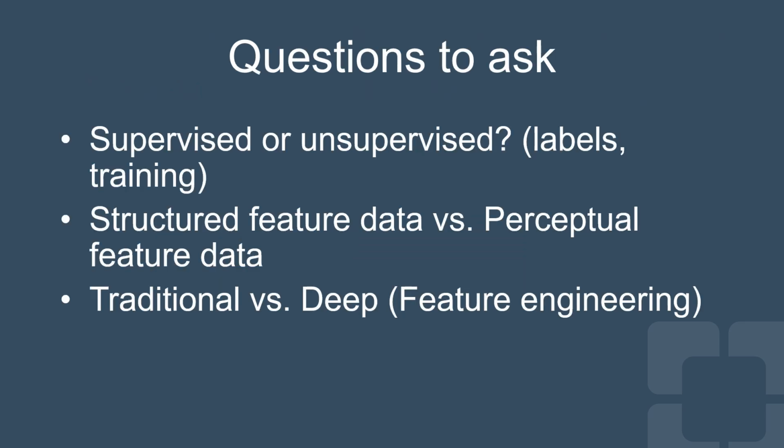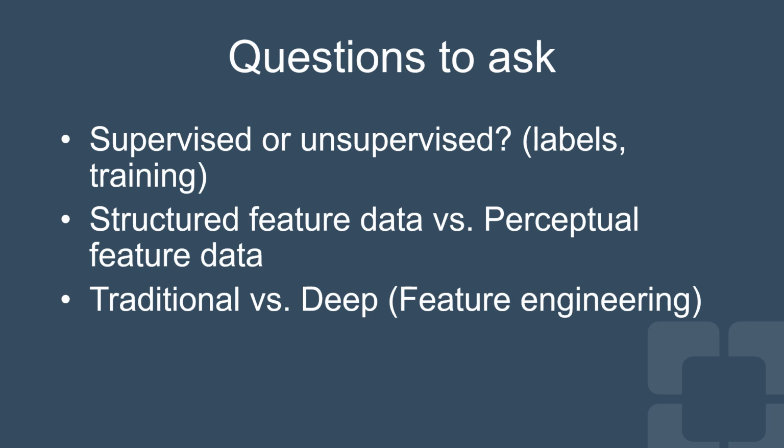So when you are faced with an article or a study that uses machine learning, these are the questions you should ask to better understand the study. First, you should try and figure out if it was supervised or unsupervised. And this is based on whether the data set had labels in the training data.